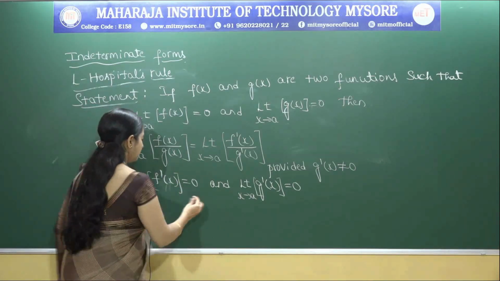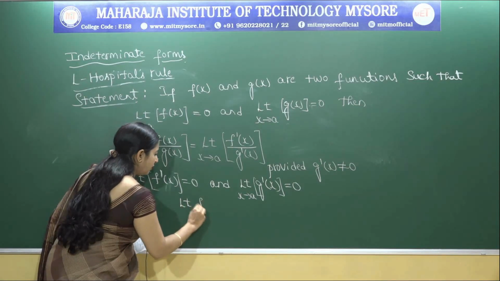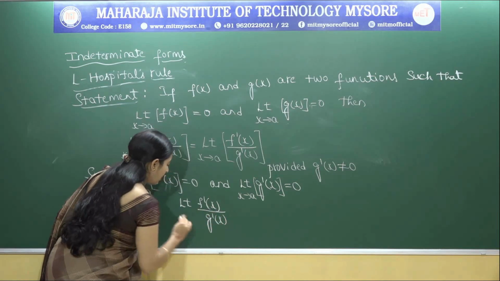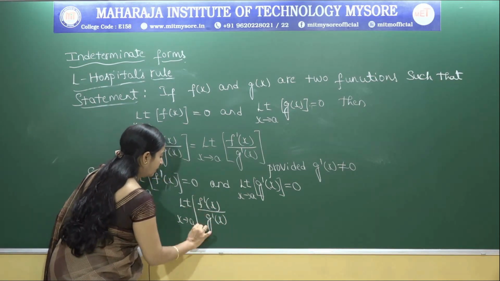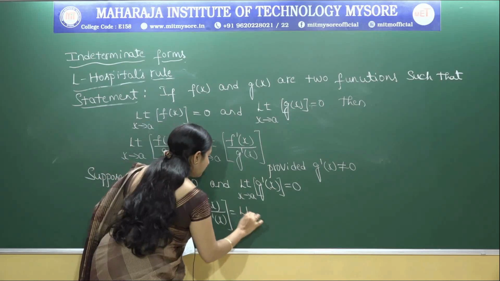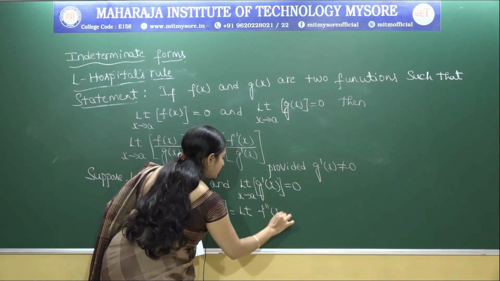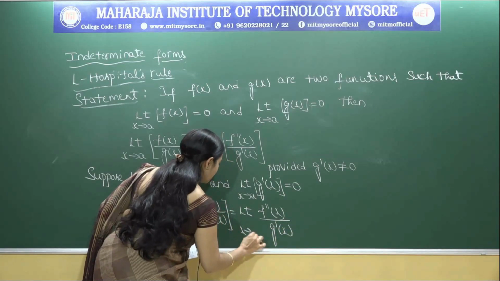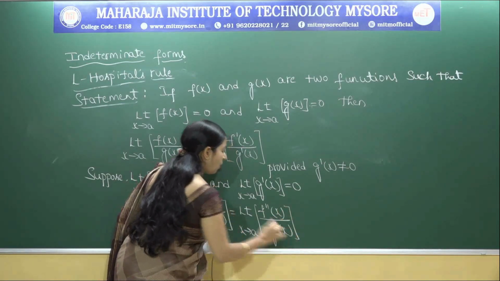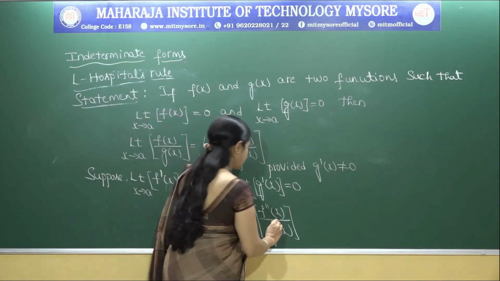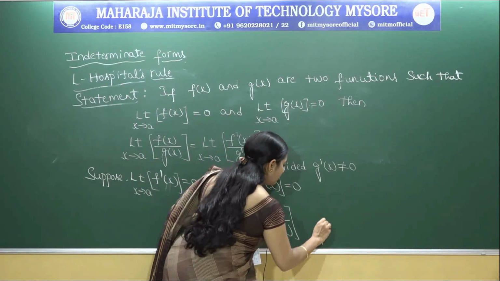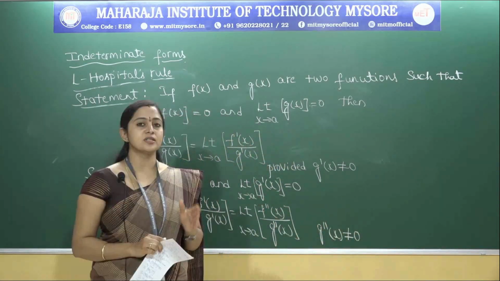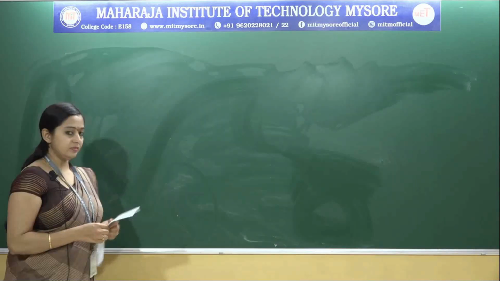Then the limit of f dash of x divided by g dash of x as x tends to a equals the limit of f double dash of x divided by g double dash of x as x tends to a, provided g double dash of x is not equal to 0. This is called the L'Hospital rule.